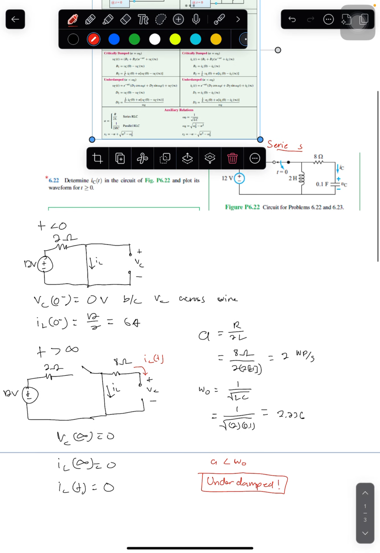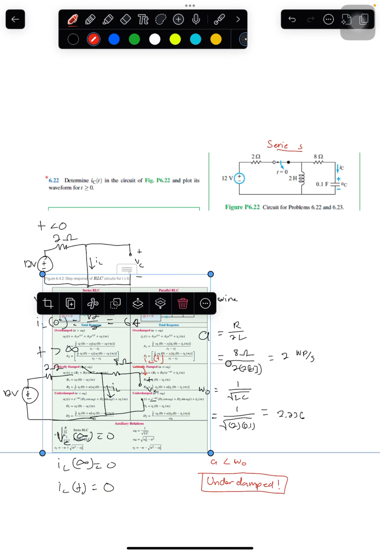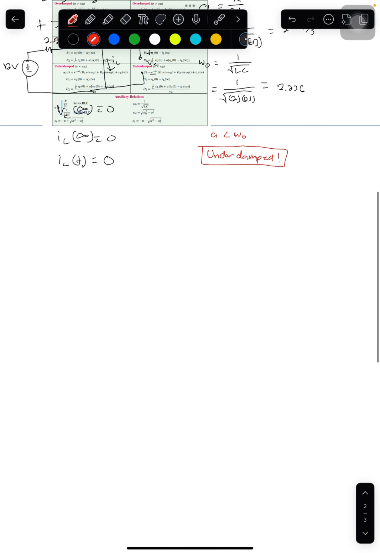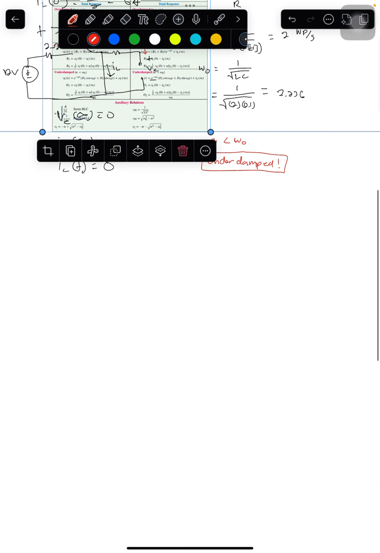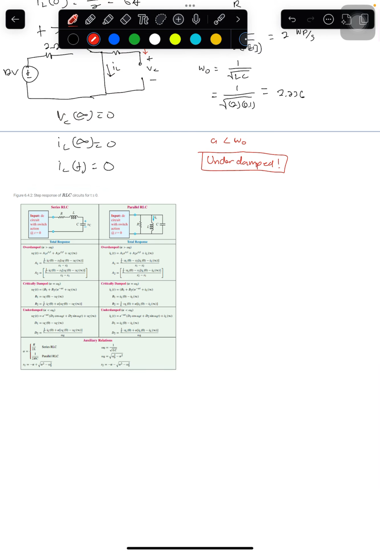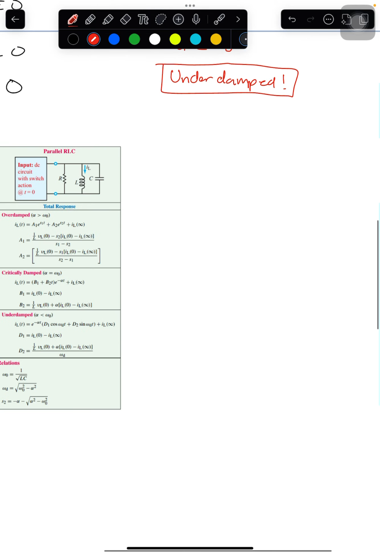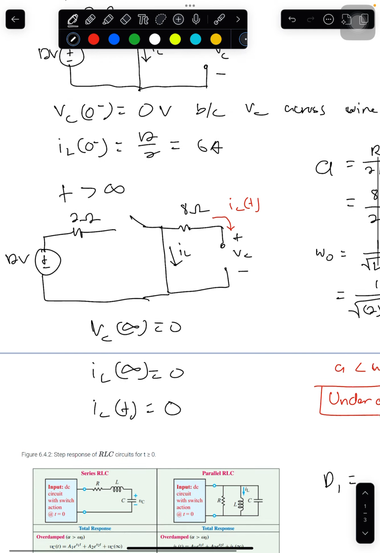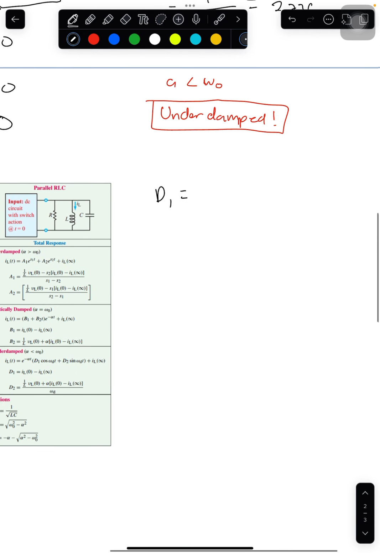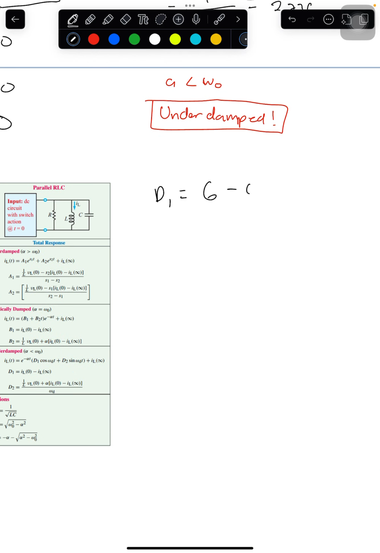Let me just drag this here, so that we can literally see it. So D1, if you remember, is IL(0), which is 6 amps. So D1 just equals 6 amps.